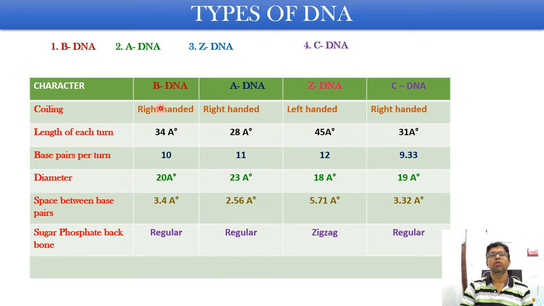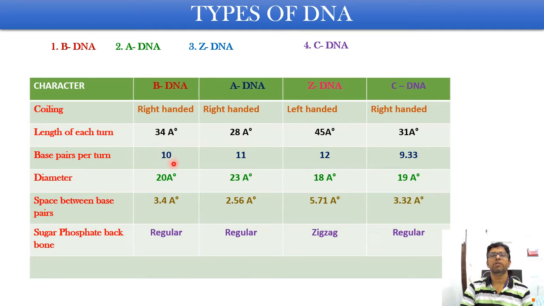bDNA, which is the most commonly found DNA: the coiling is right-handed, the length of each turn or coil is about 34 angstroms, and there are 10 base pairs per turn.